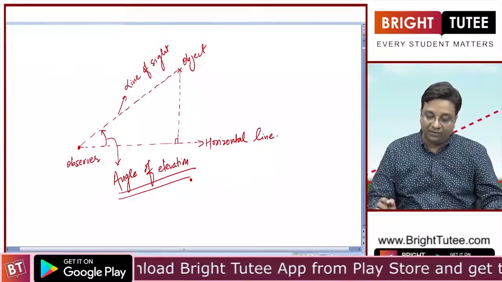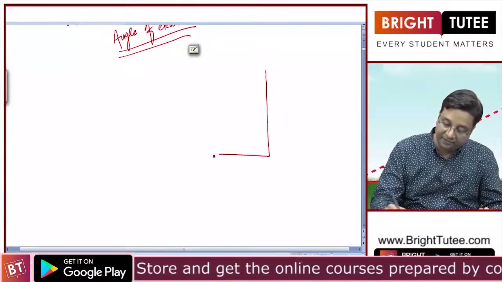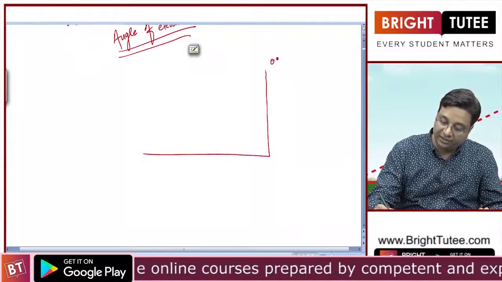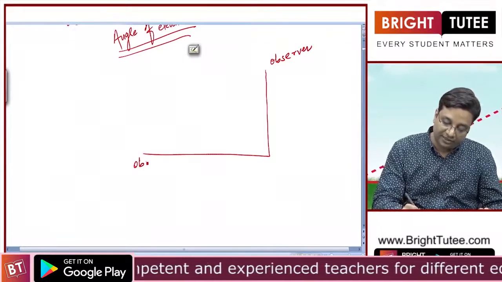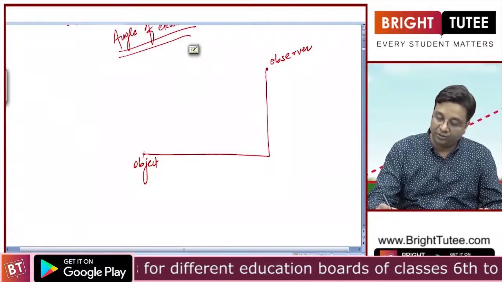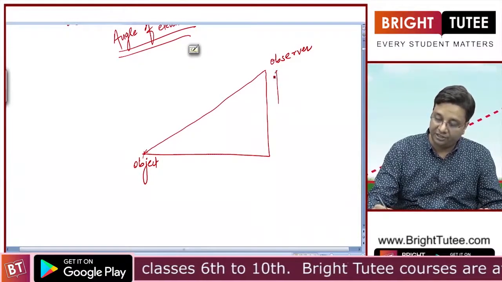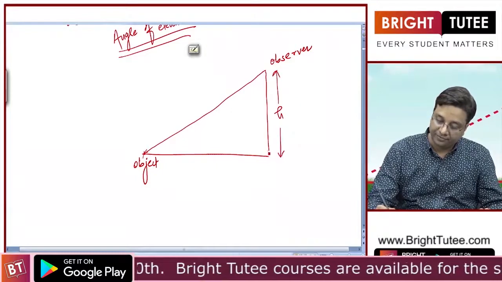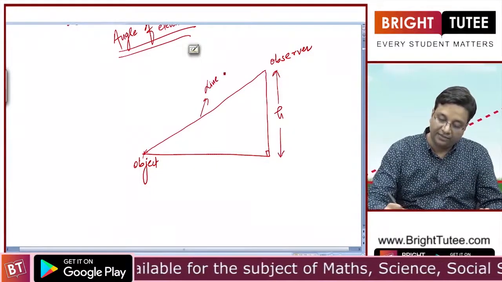So even if the observer is sitting at a certain height, let us say the observer is sitting here at a certain height and the object is here, and the observer is looking at the object from this height h, then this line is the line of sight.